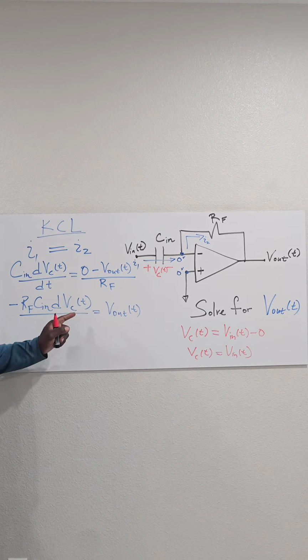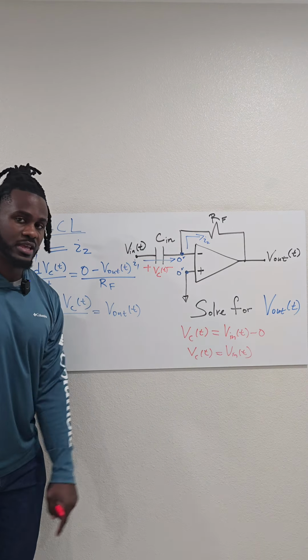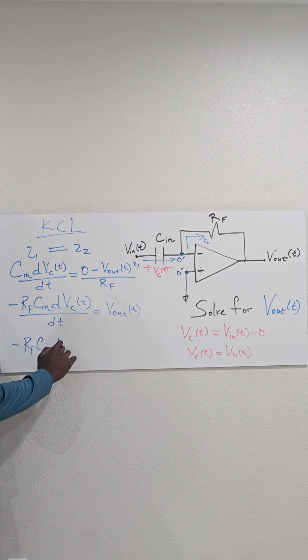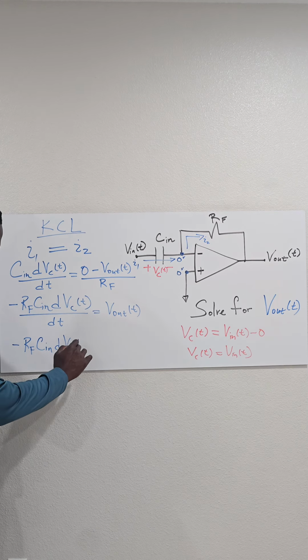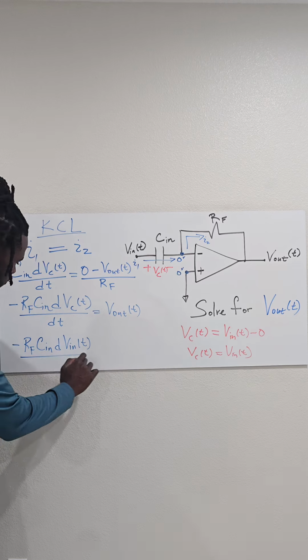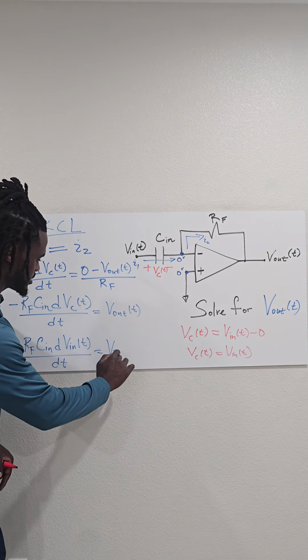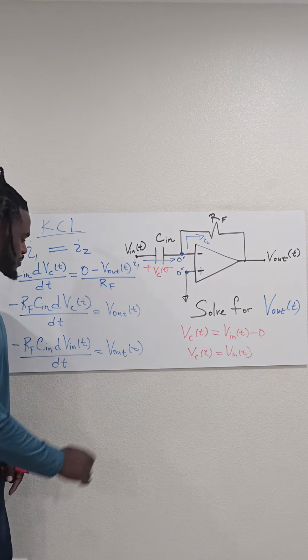And we said that Vc of t is simply Vn of t. So my final equation becomes RF times Cn, change in Vn of t over dt, has to equal V out of t.